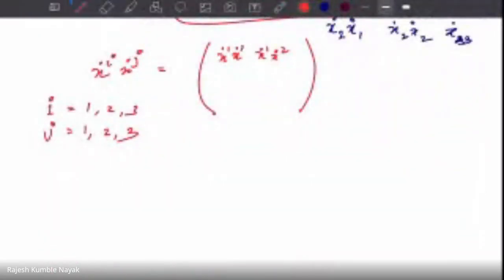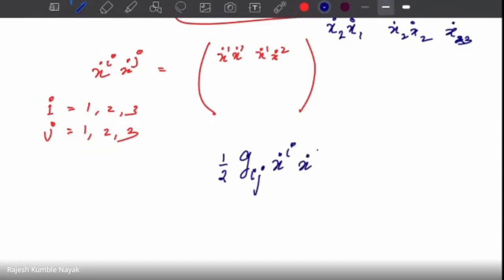Now coming back to your question about upper and lower, something very fancy happens here. You have your Lagrangian as g_ij x dot i x dot j. So these are already somehow understanding upper and lower among themselves.